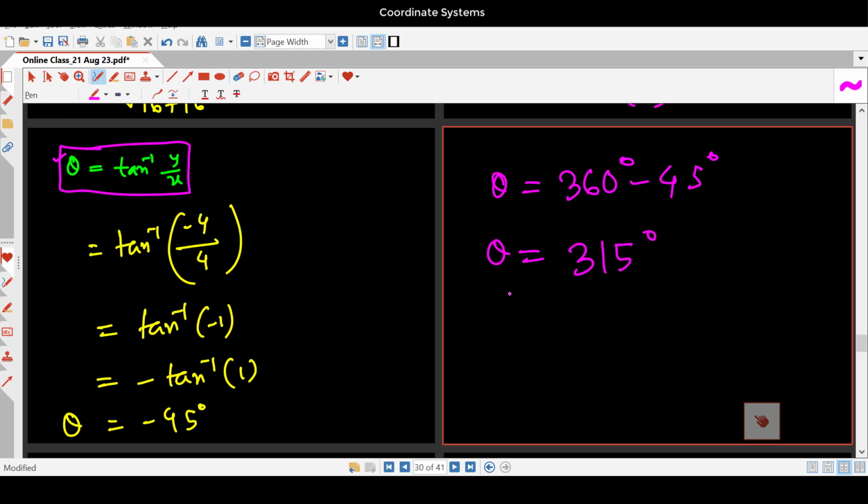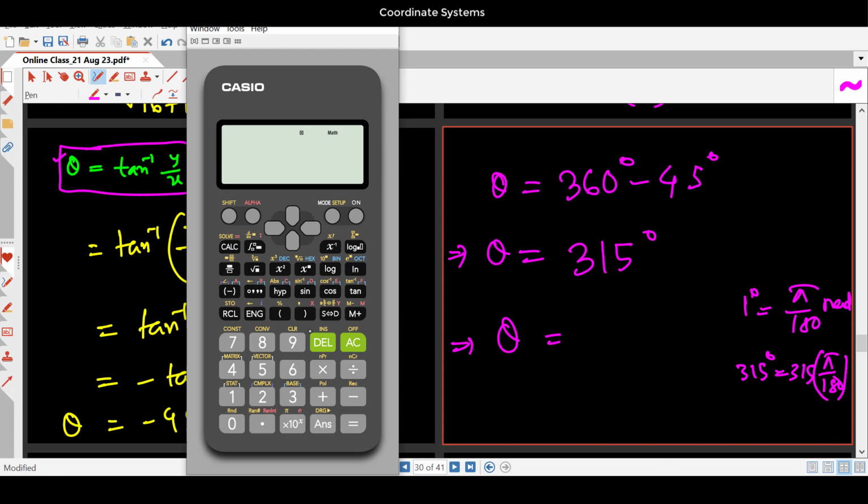Now any angle should be kept in radian, so we know 1 degree equals pi over 180 radian. So 315 degree equals 315 times pi over 180 radian.